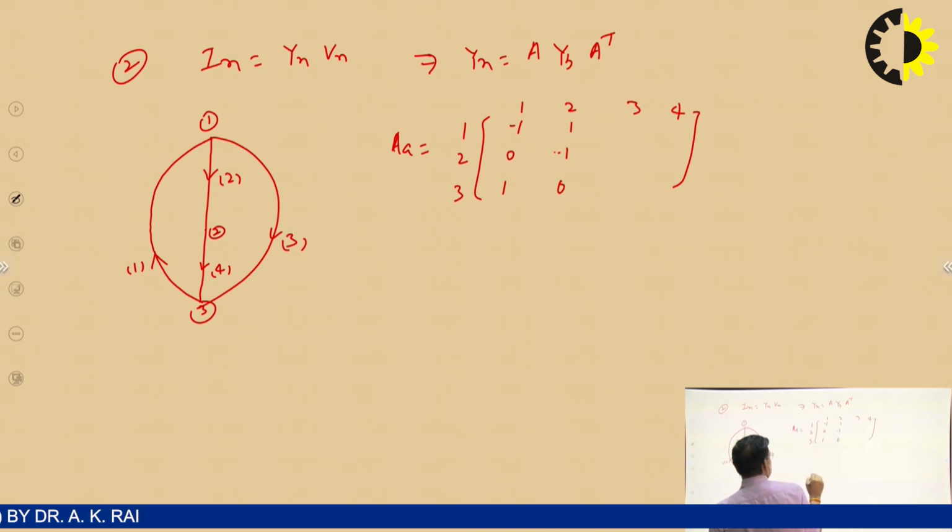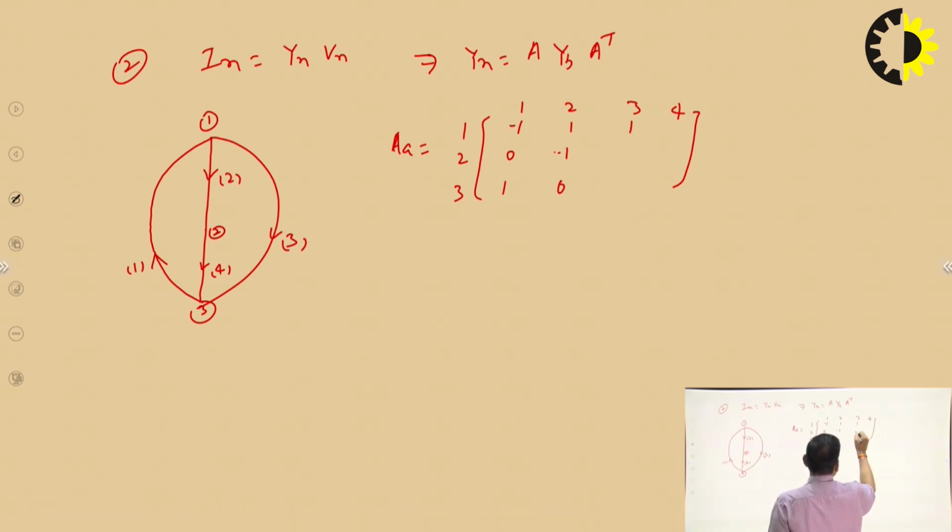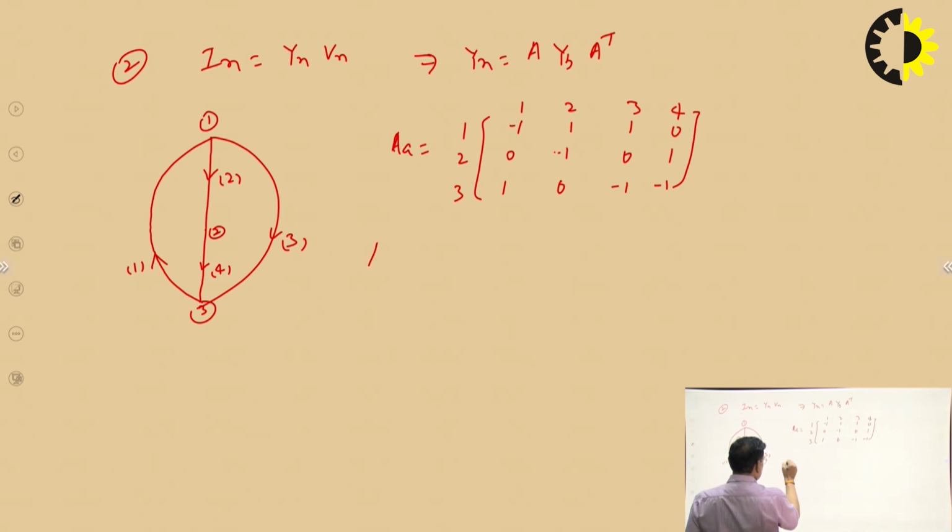Now branch number 3 is in between 1 and 3, so 1, 0, minus 1, and branch 4 is between 2 and 3, 2 away from 2, so 1, minus 1 and 0. So this is A.